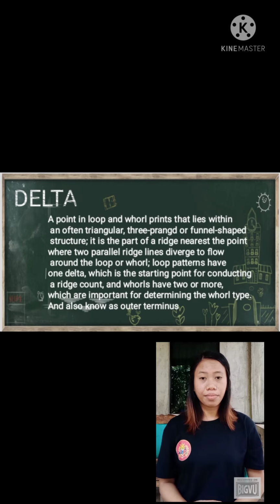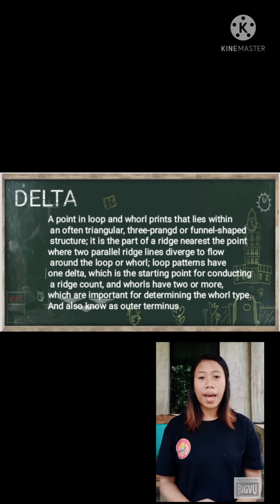Delta is a point in the loop and whirl prints that lies within an often triangular, three-pronged, or funnel-shaped structure. It is the part of the ridge nearest the point where two parallel ridge lines diverge to flow around the loop or whirl.